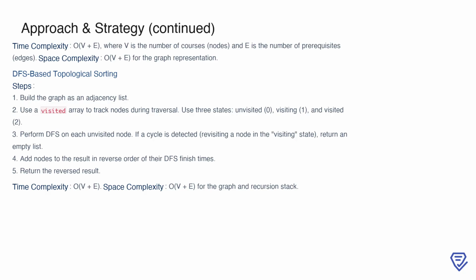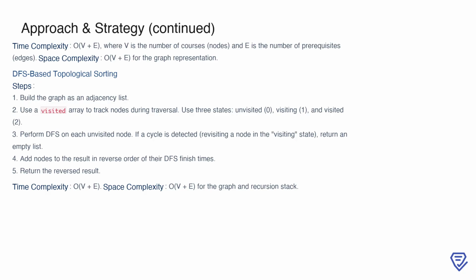Alternatively, there's the DFS-based approach for topological sorting. In this method, we use a visited array to track the traversal state of each node. Nodes can exist in three states: unvisited, visiting, and fully visited. A key step in the DFS approach is to detect cycles by revisiting nodes that are still in the visiting state. If a cycle is detected, we return an empty list since no valid order can exist.